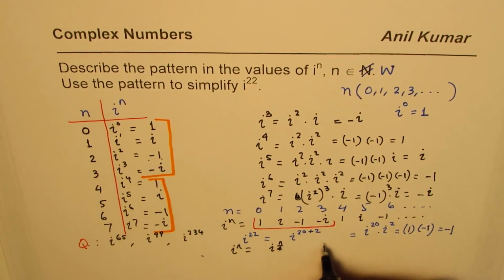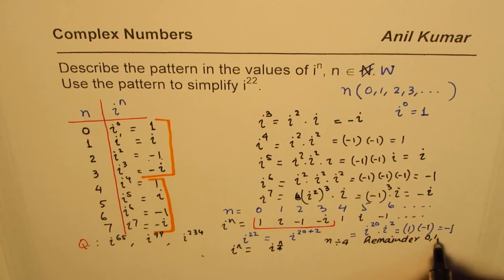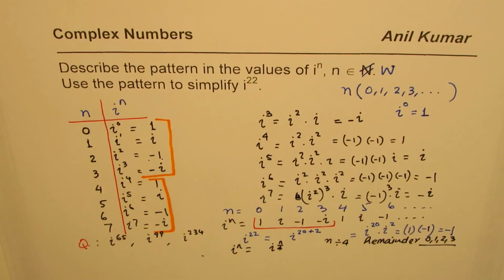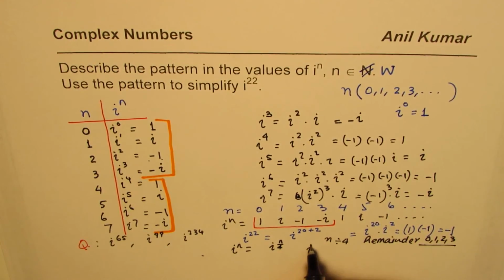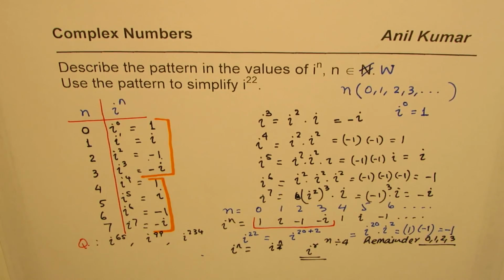Whenever you divide a number by 4, the remainder is 0, 1, 2, or 3, correct? Based on these remainders, you can find the result, which will be i to the power of the remainder. Do you get the idea, right? So that is how you should be evaluating i to the power of any number.